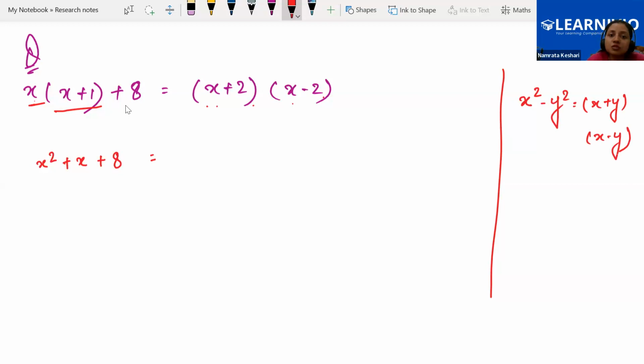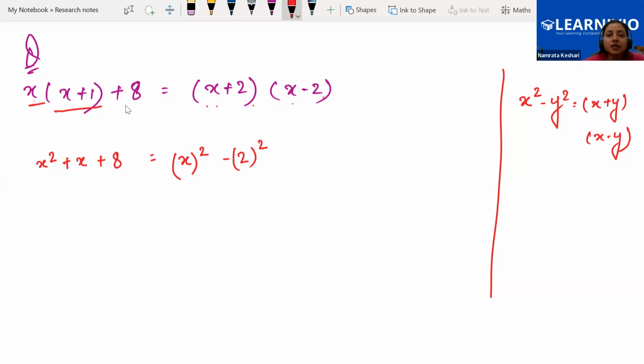So yes, we can use the identity over here. Can we write it as x square and then minus 2 square? Can we?